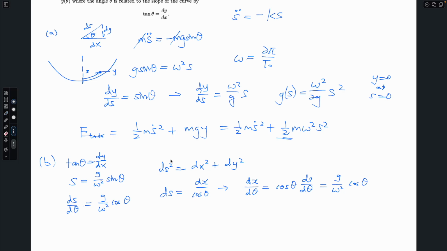Okay? So maybe, actually this isn't that useful. Maybe I should draw it like this. Theta, then cosine theta is dx over ds.